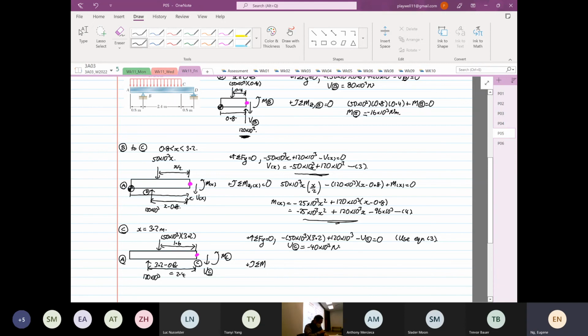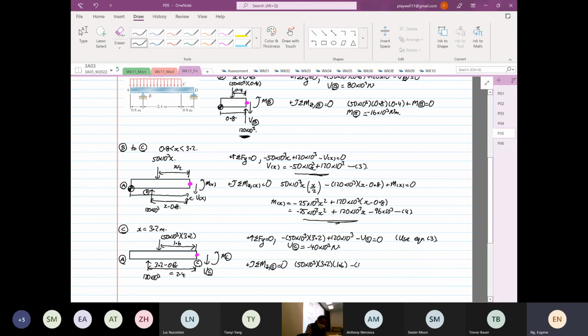Summation of moment Z at point C is equal to 0. So this will be equal to 50 times 10 to the power 3 multiplied by 3.2 multiplied by 1.6. It's going to be positive because it's anti-clockwise.